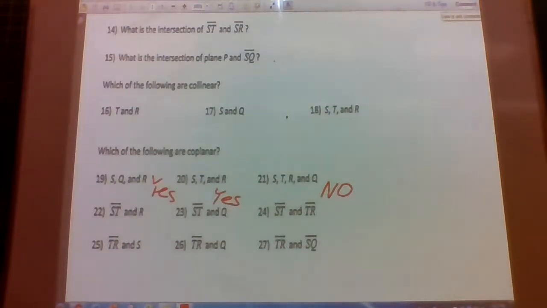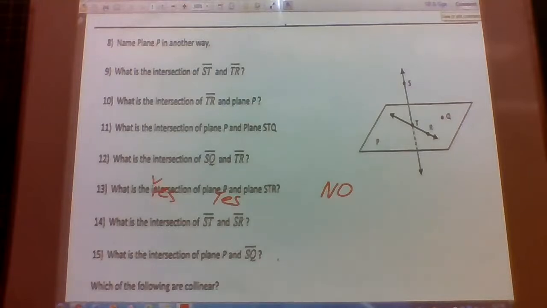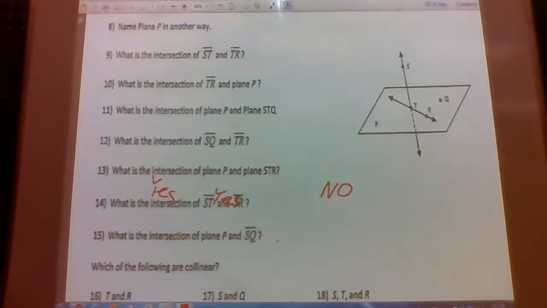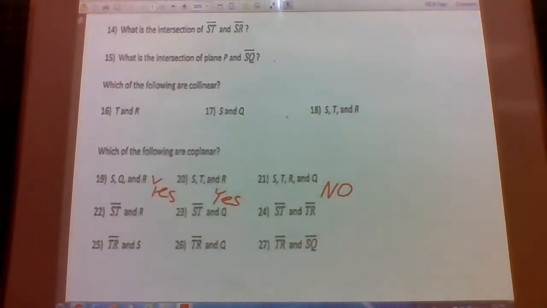So that one's, again, an automatic yes. Okay, ST and Q. Again, same reasoning here. We have 3 points, S, T, and Q. Those are 3 non-collinear points, so we know they're going to form a plane. That plane is not drawn in the diagram, but that plane would exist. Right? Any set of 3 points that aren't on the same line will form a plane. So this is yes and yes.